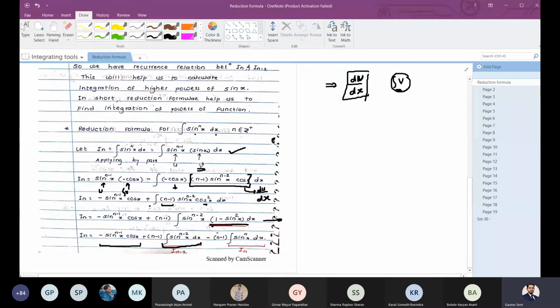Then minus of n minus 1 sine raised to n x. So you can see that what we have here is integration of sine raised to n x, which is nothing but In. Whereas here we have integration of sine raised to n minus 2, so this turns out to be I n minus 2.